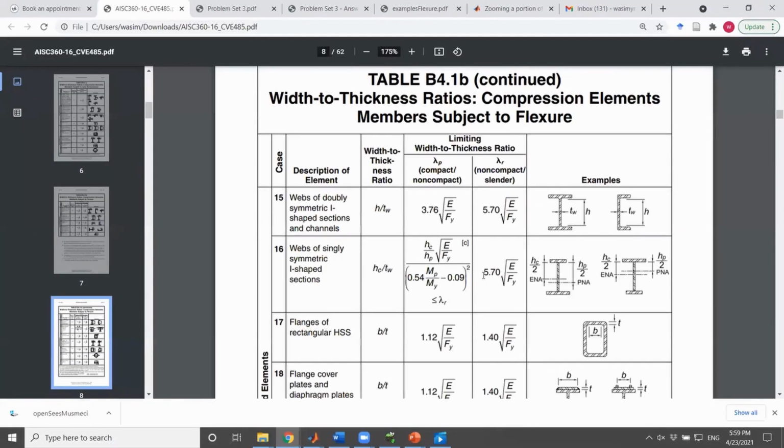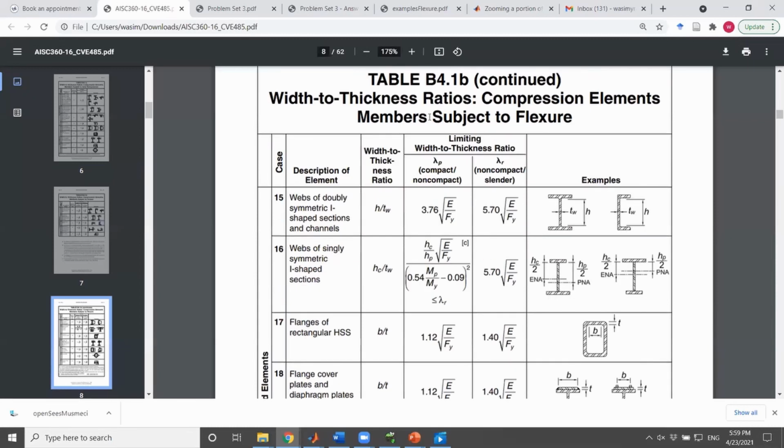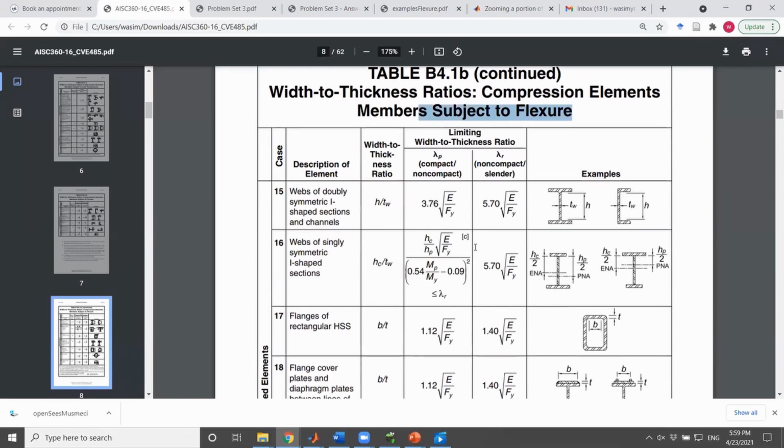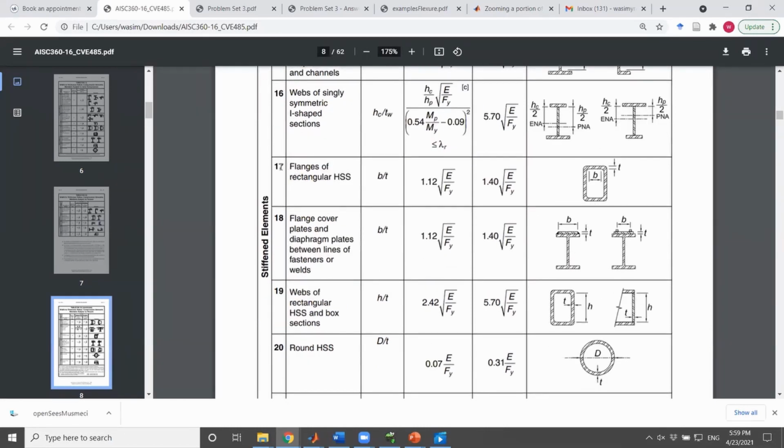So if we go to the table, we will be taking a look at the members subject to flexure, of course. When you take a look at the examples that are provided, you have case number 17 and case number 19. They are talking about the box shapes. But since we are concerned about the flanges, case 17 is what we need.